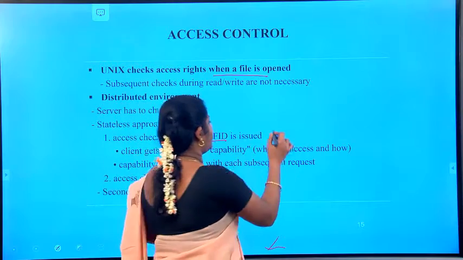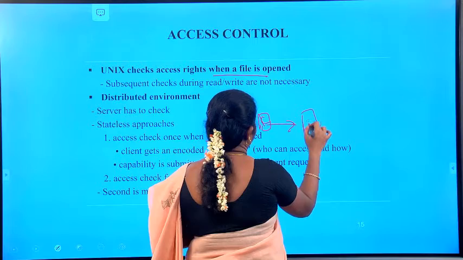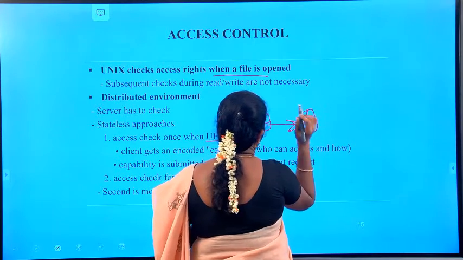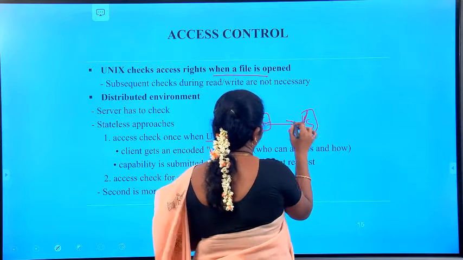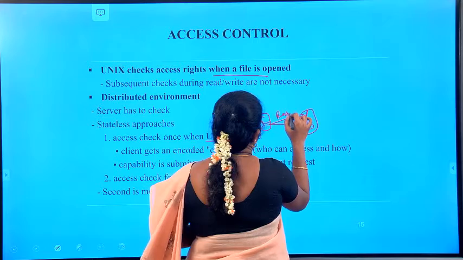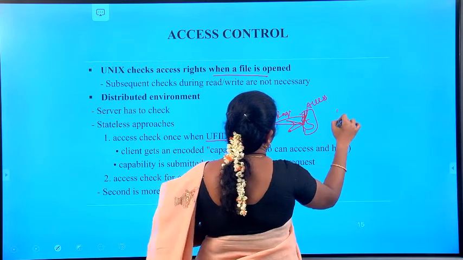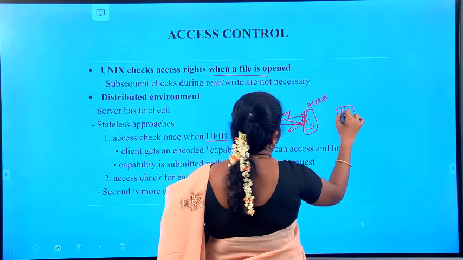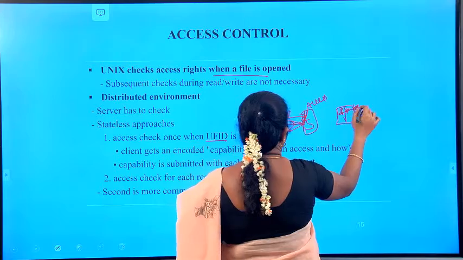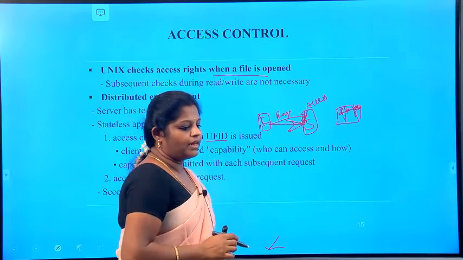So once the client has entered, this is the client and this side is the server, okay. I told you at the beginning, in the previous unit 1 itself I explained, whenever the client sends the access request, here itself they will check the access rights, with the help of a file with the user client ID and what access rights they have for the particular file, and the file ID also will be there. Based upon that it will allow the server, and later it should not be a problem.